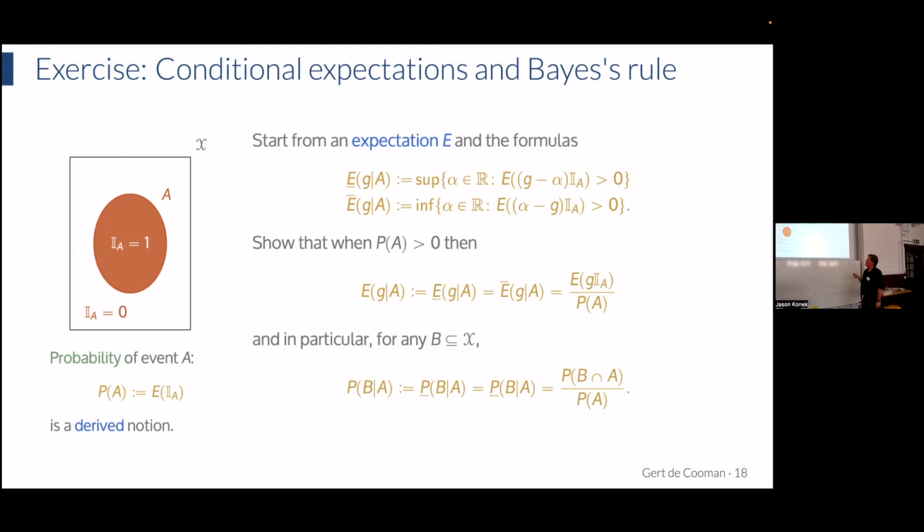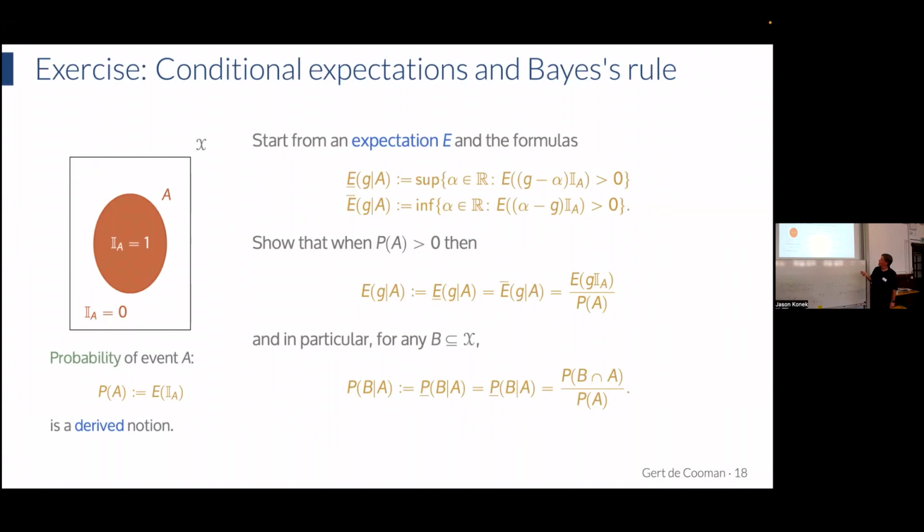Let's assume that the probability of A, meaning the expectation of the indicator of A, is positive, and show that the expectation of a gamble conditional on A is given by this formula. It's the expectation of the called-off gamble divided by the probability of A, and it's precise.